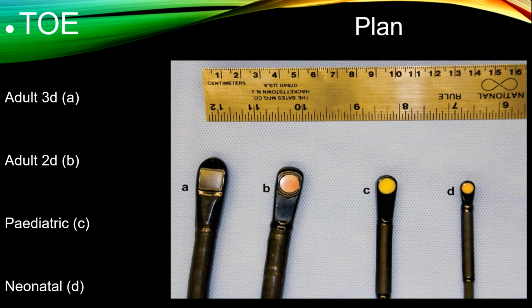We usually avoid the transesophageal echo in patients with total anomalous pulmonary venous return, so patients who have abnormal pulmonary venous flow, because the probe may affect the flow. It may obstruct the pulmonary venous return in those patients.